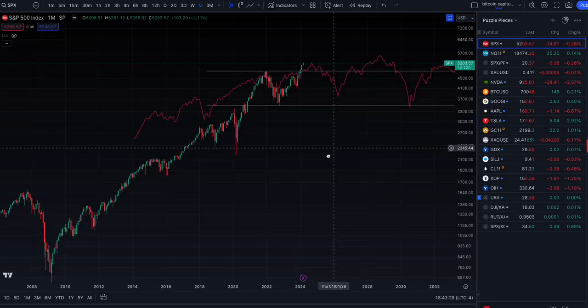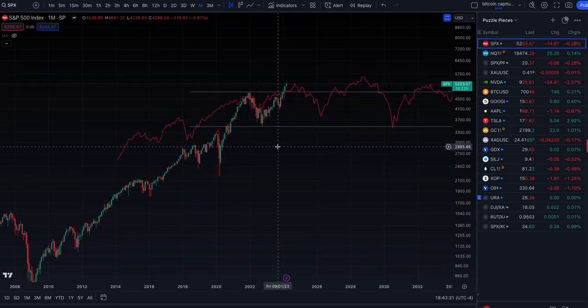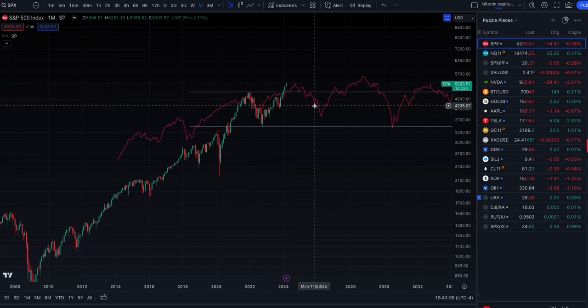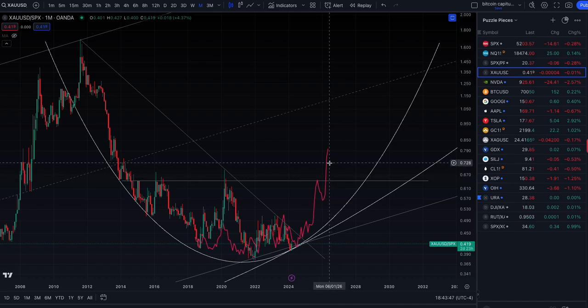And so my point is, I think we're rhyming to the late 1960s, early 1970s. I think that you can kind of see it in maybe a couple of these ratios, gold versus XPX.